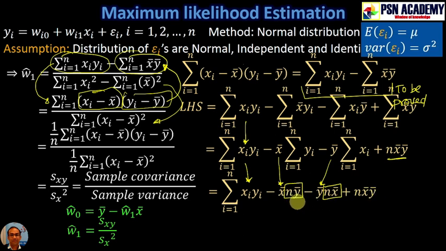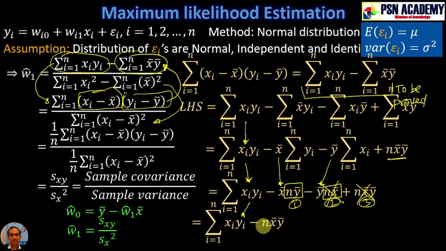So you got 3 n times x bar y bar. This is number 1, this is number 2, this is number 3. So 2 of them with minus sign and 1 of them with plus sign. So you cancel any 2, 1 plus and any one of the minuses, and you remain with this part. So summation of xi yi, this term, minus 1 is remaining.